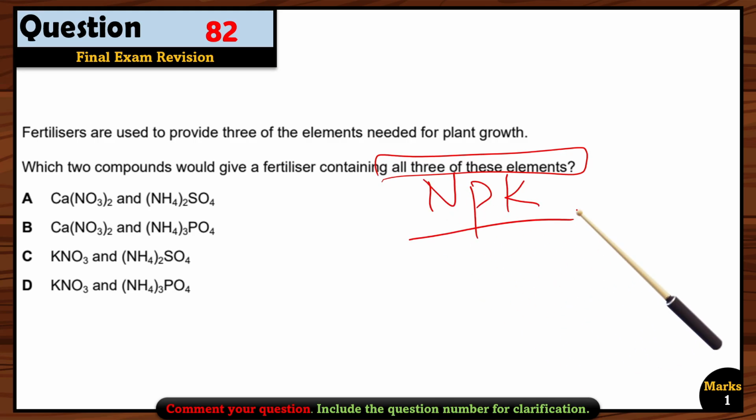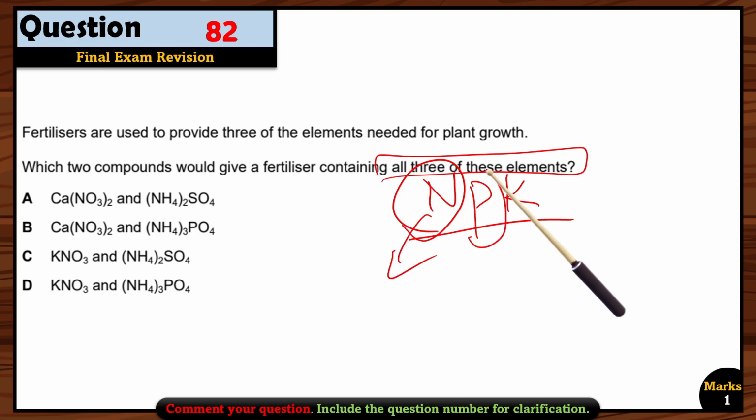That's why we call such fertilizer NPK fertilizer, because these are the three important elements that a plant needs for its survival and growth. N is the symbol of nitrogen, P is the symbol of phosphorus, and K is the symbol of potassium. Any fertilizer that has nitrogen, phosphorus and potassium will be the best fertilizer for the plant.